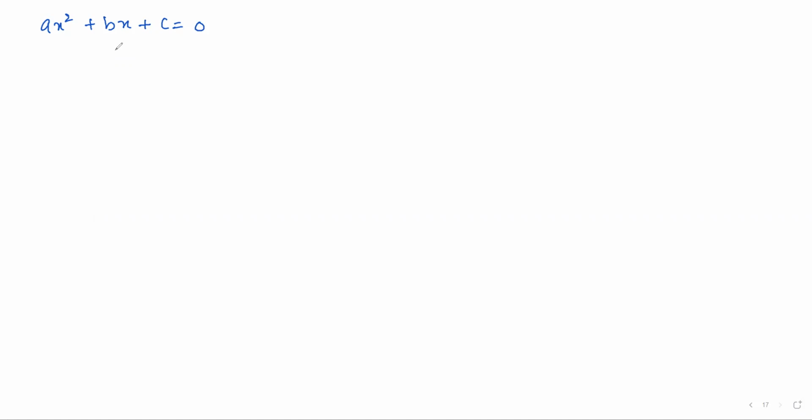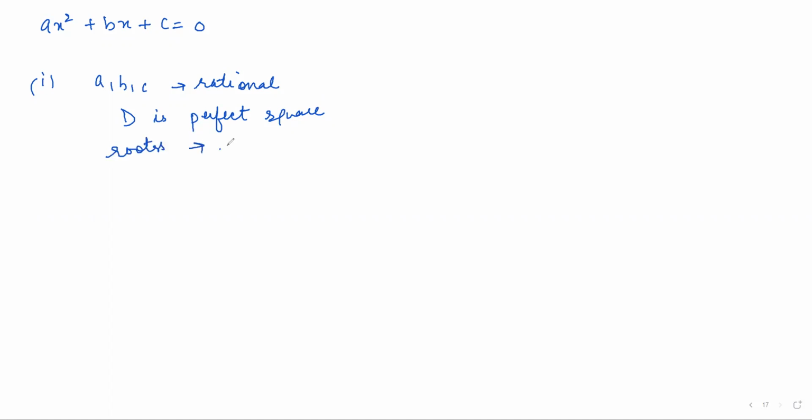So a, b, c are real, which means they can be rational also, they can be irrational also. Getting it? So first, if your a, b, and c are rational, and your D is a perfect square, then roots are also rational.